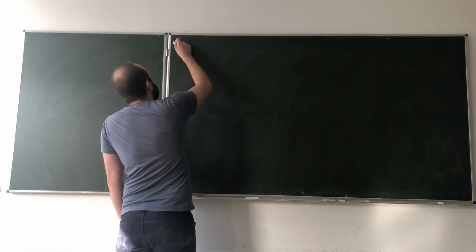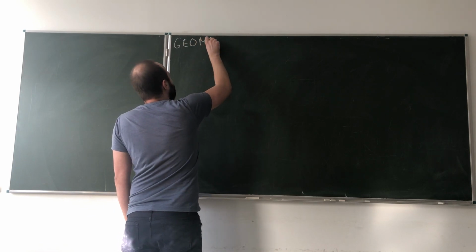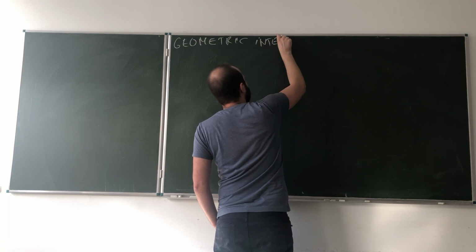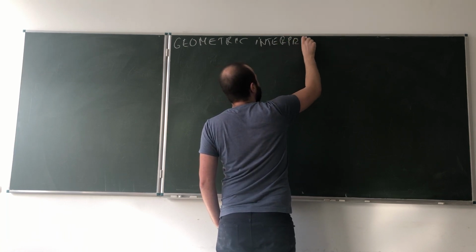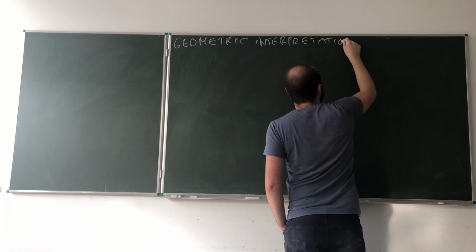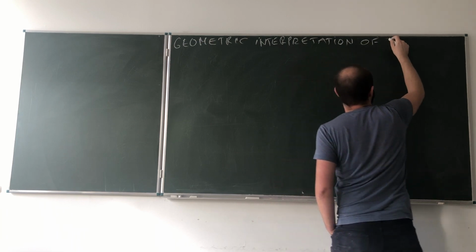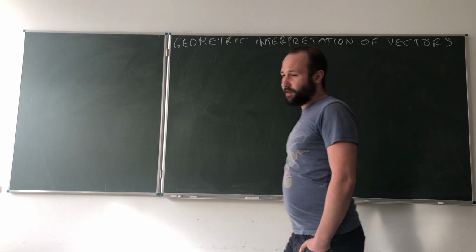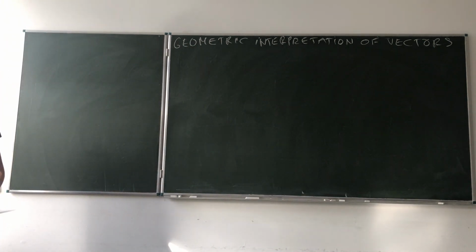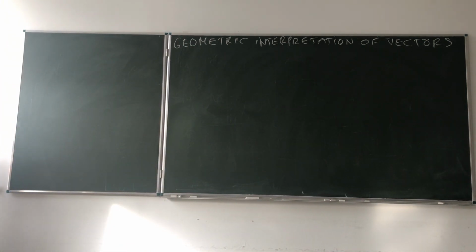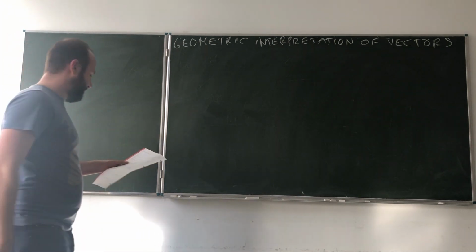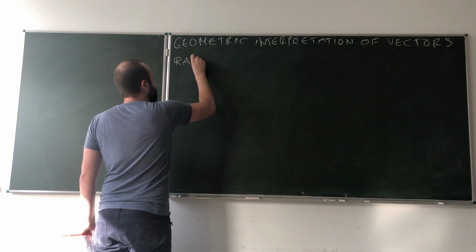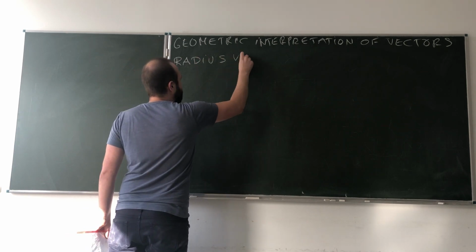Okay, so let's move to geometric interpretation of vectors. Okay, and let me first define for you something called radius vector.